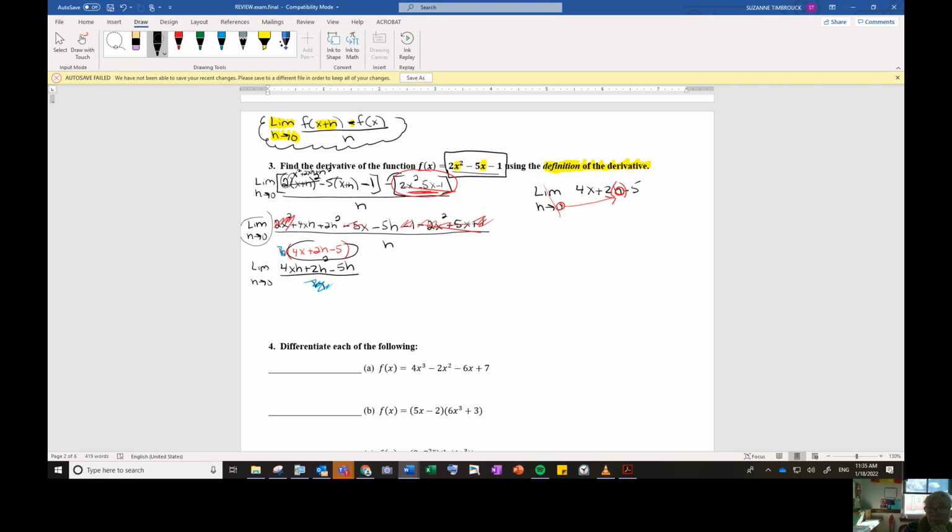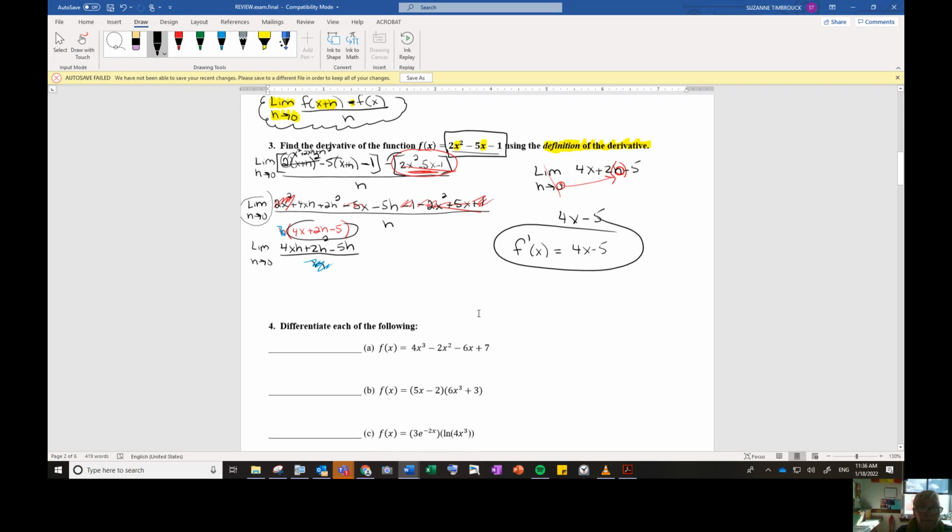I plugged it in. What do I have left? I have the 4x plus 0 minus 5. So that means my derivative, we knew it was going to be this, is the function 4x minus 5. Have to show me all of this work using the definition or you earn no points.